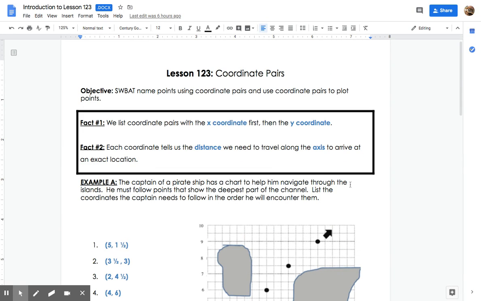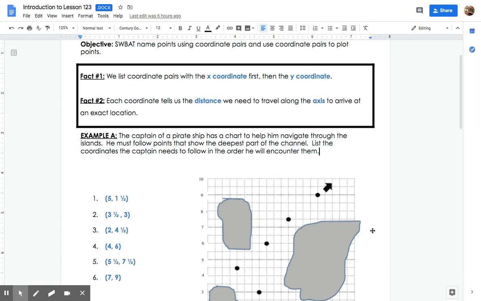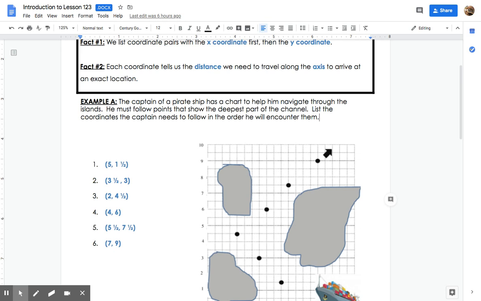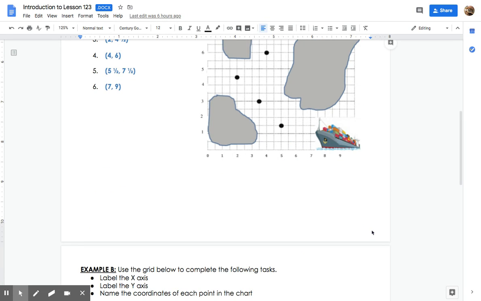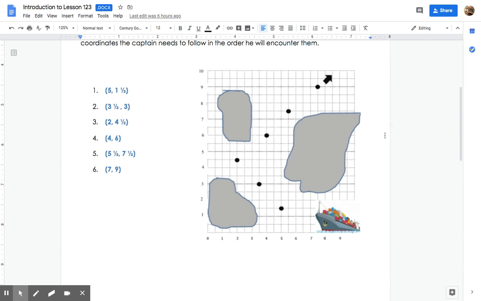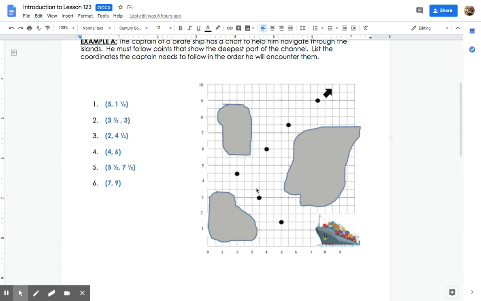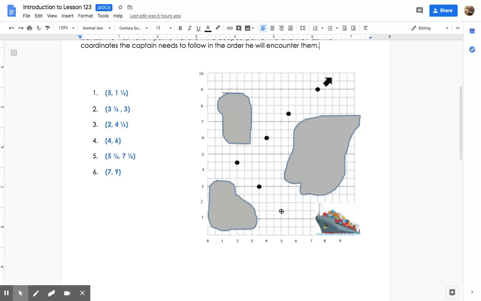Okay, fact number 2. Each coordinate tells us the distance that we need to travel along the axis to arrive at an exact location. So every coordinate tells us the distance or how far we need to travel along the axis. So you might see some questions that are phrased in a way that says something like, what's the distance from 0 of this point right here?